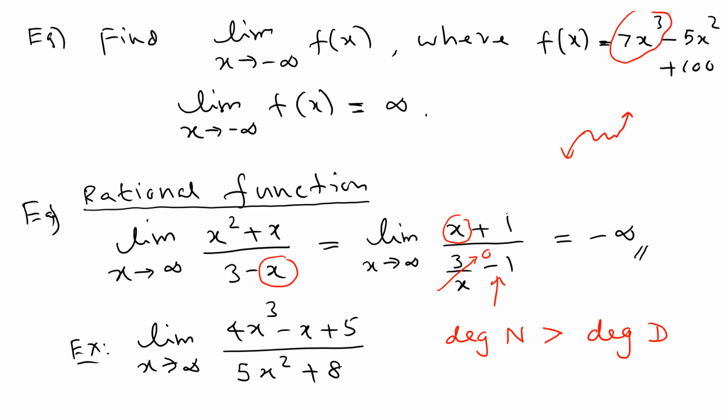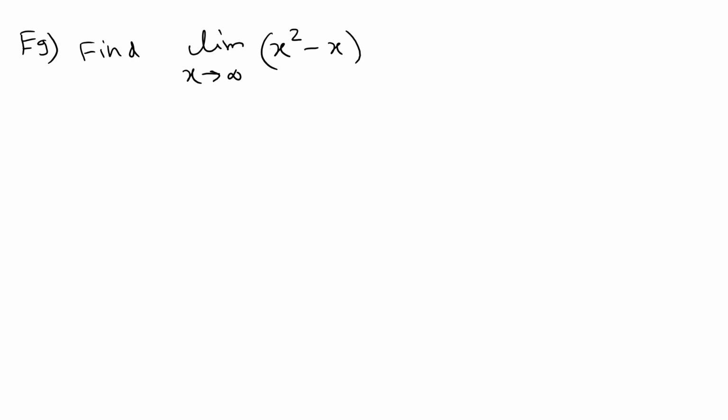Okay, so let's look at two other interesting examples. How about this one? Find the limit as x goes to infinity of (x squared minus x). You need parentheses around it, otherwise it doesn't make any sense.